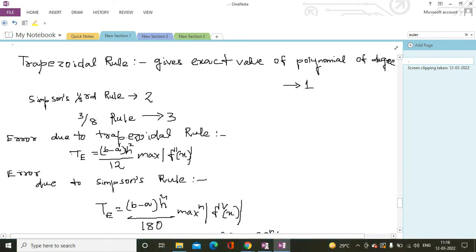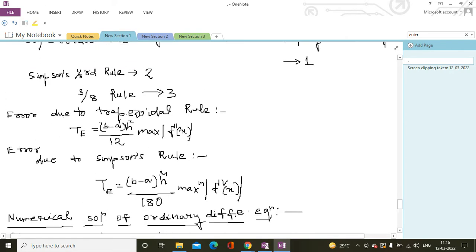But the standard error formula, if we discuss, the error will be (b minus a) into h square by 12 into maximum of f double dash x. h is the width of the interval, right? And in case of Simpson's rule, the error formula is (b minus a) whole into h to the power 4 by 180 into maximum of f 4x, that is fourth derivative of f of x.